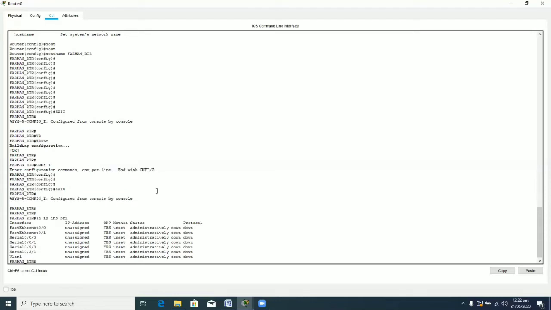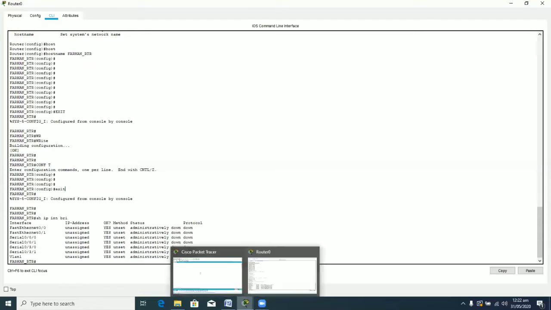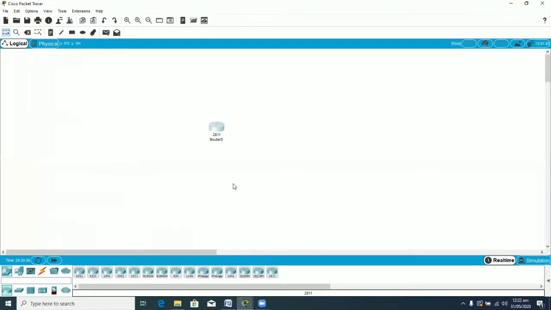Why administratively and protocol wise down? Basically, this router is at present totally alone. There isn't any other router attached to it. So if I attach any other router and perform the configurations related to that interface, then that interface will turn up. I am attaching another router.